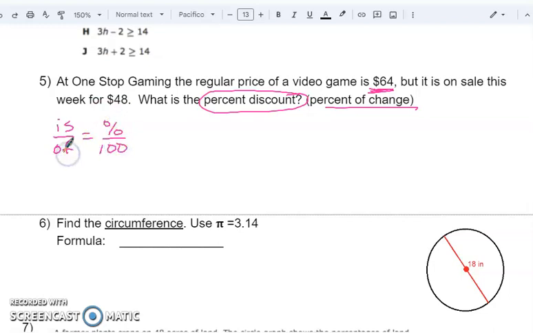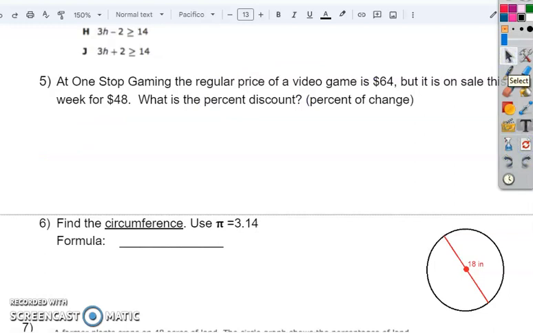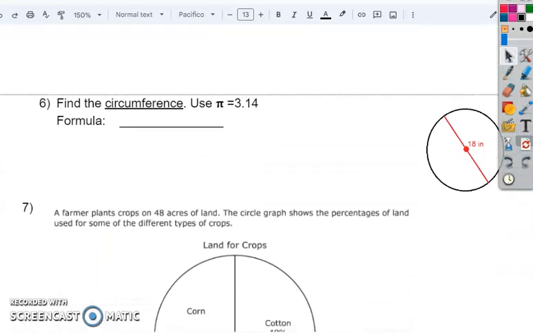And our of, remember, that's our total whole or original. At One Stop Gaming, the regular price is $64. That's our of. It goes there. You have to subtract to find the difference. Okay? Subtract to find the difference. Then you will cross multiply.